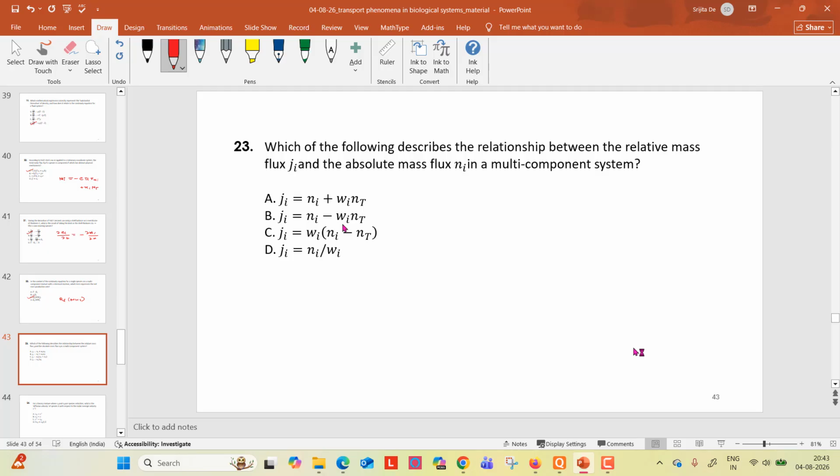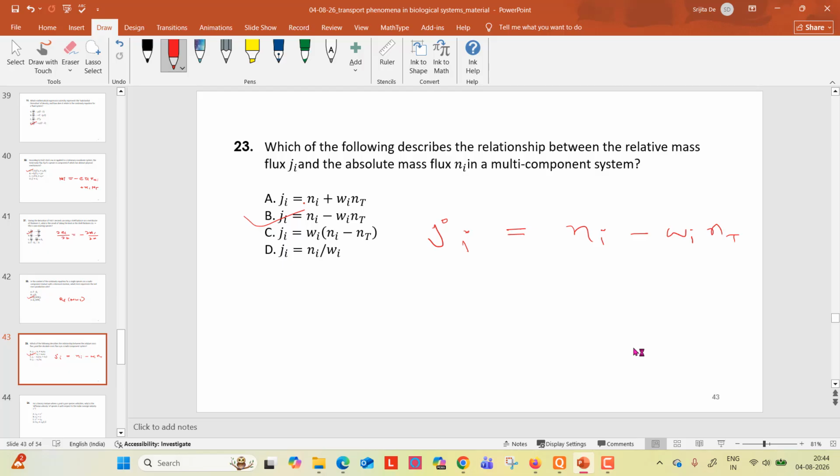Which of the following describes the relationship between the relative mass flux Ji and the absolute mass flux? So relative mass flux Ji equals absolute mass flux minus Wi into Nt. It is option B.